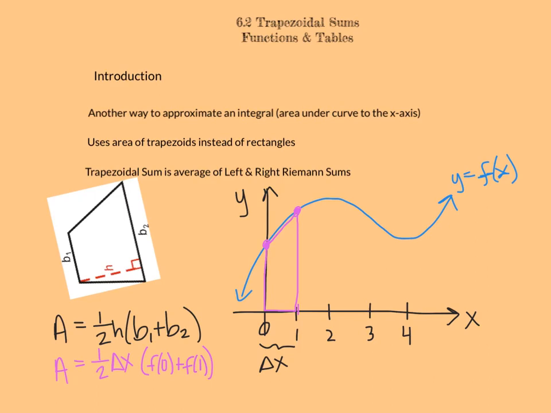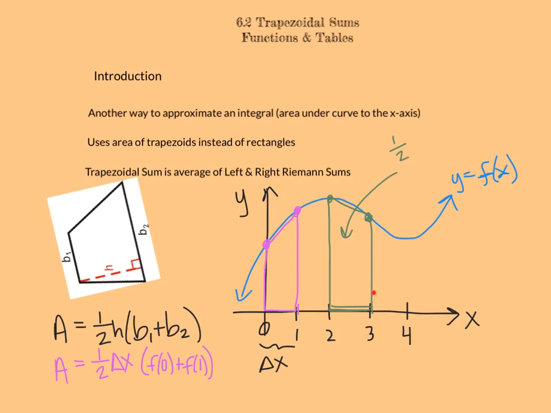If we look at the next trapezoid, I'll just pick a different one. Let's do the trapezoid from 2 to 3. What would the area of that one be? Well, it would be half the height of the trapezoid.